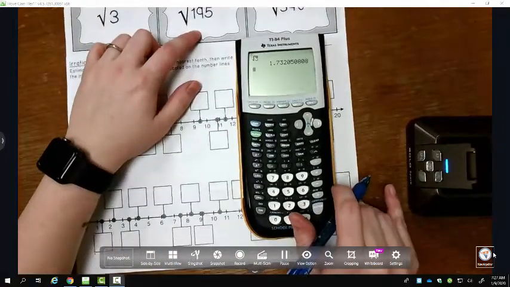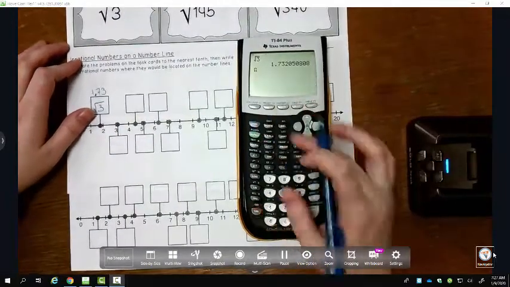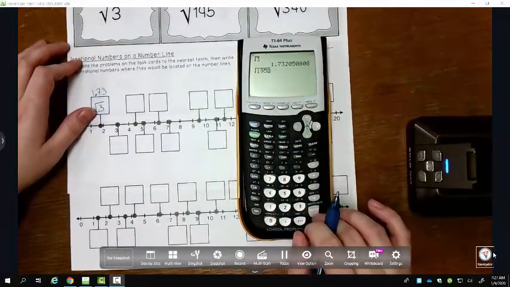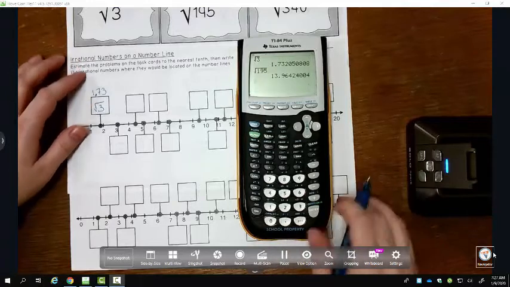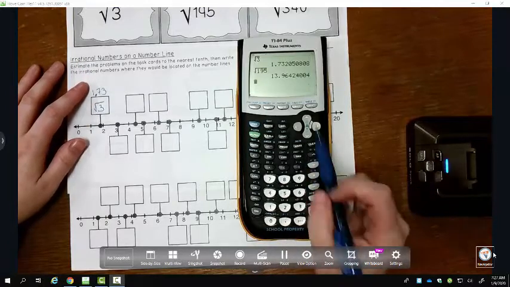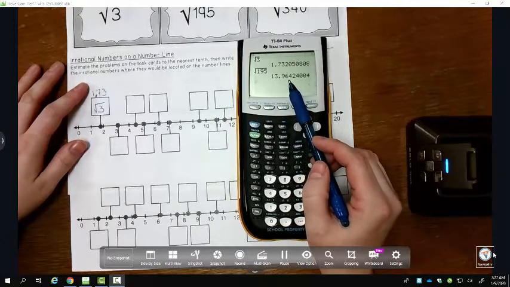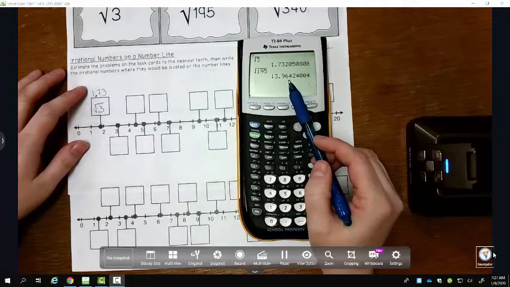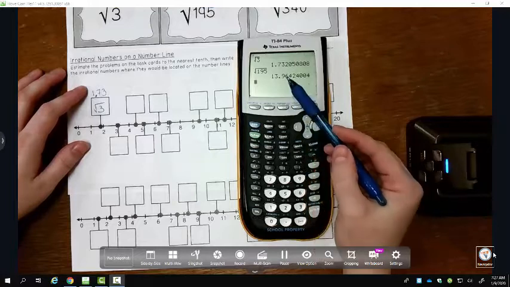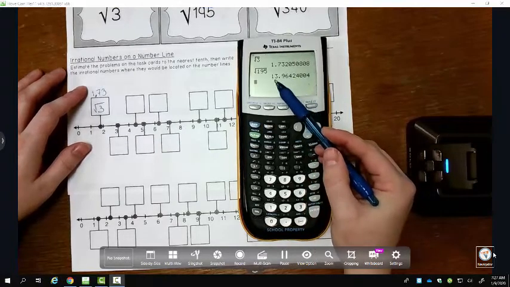Let's try the square root of 195. So that's 13.96. That's in between 13 and 14. And that 9 tells you that this is really, really close to 14.